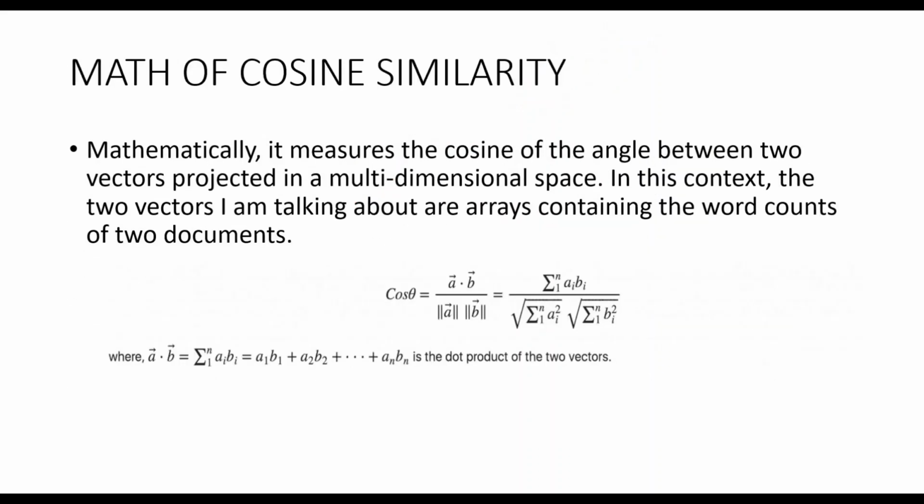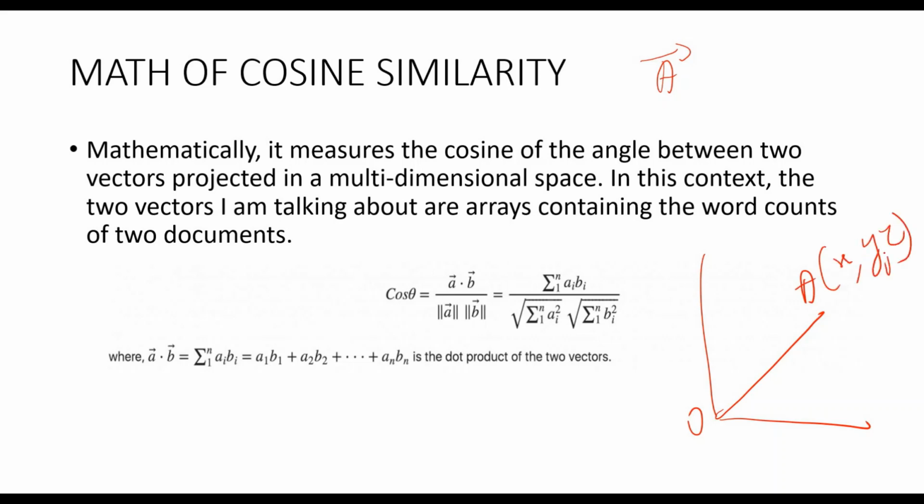This is the math behind cosine similarity. I already discussed cos theta is equal to A dot B divided by modulus of A into modulus of B. Now, for any vector, see vector A, if its coordinates are x, y, z, OA can be represented as xi plus yj plus zk.